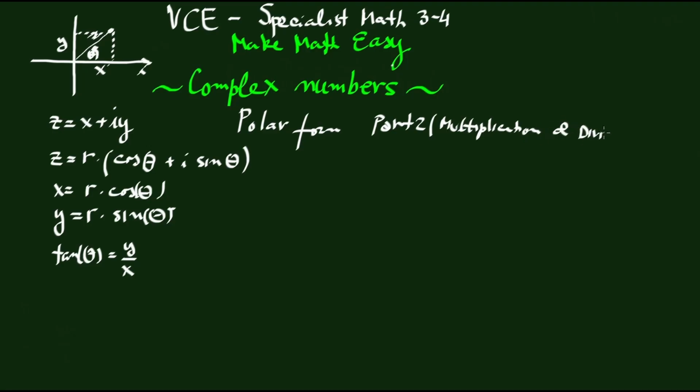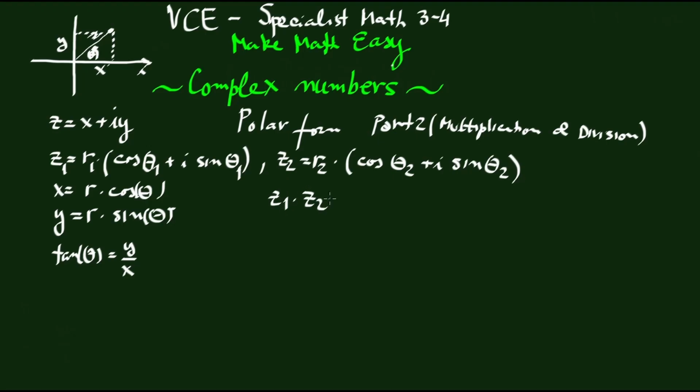And division. So now if this is a polar number, z1, theta 1, and there is another number z2, say it's r2 times cosine of theta 2 plus I sine of theta 2, then your product z1 times z2 is equal to r1 times r2, and you sum the angles.